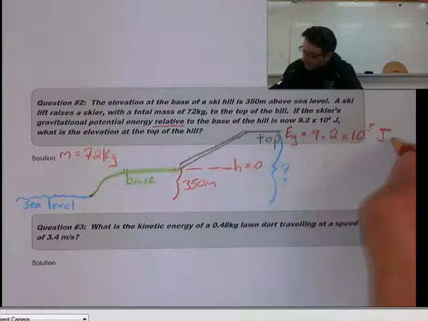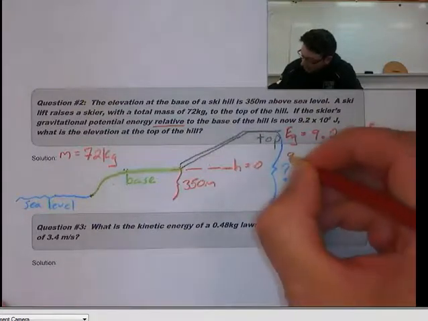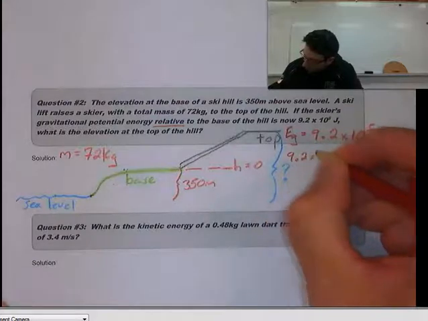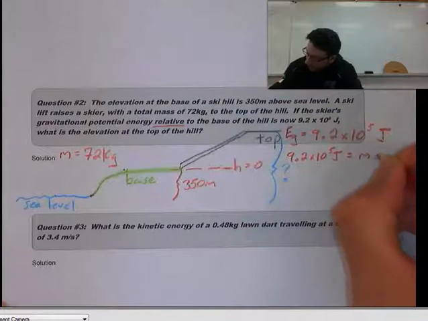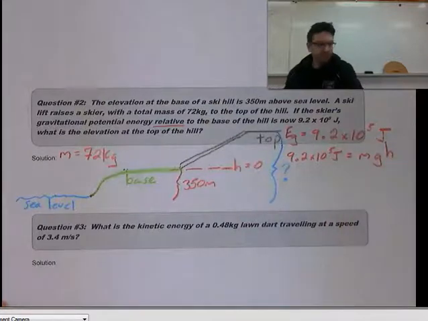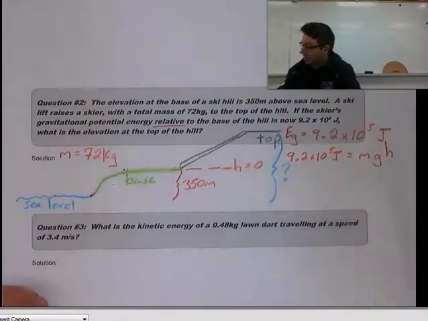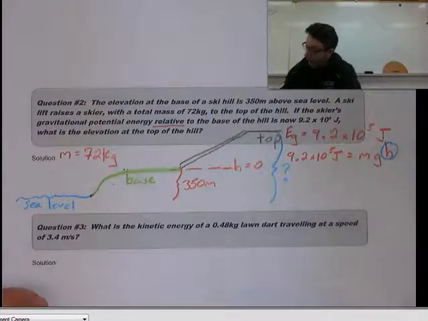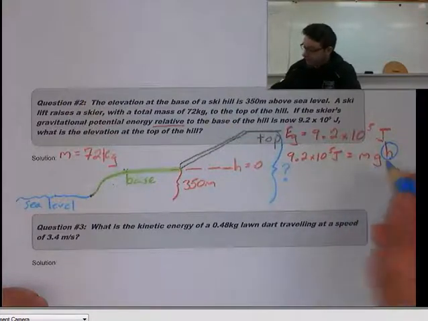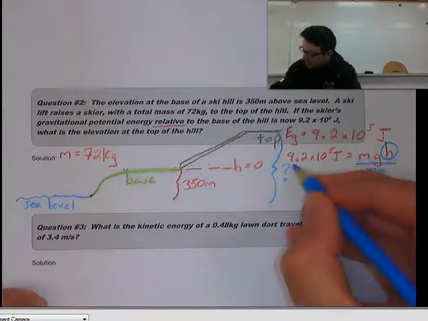So we have Eg, 9.2 times 10 to the 5 joules. That's going to equal mgh. But in this case, I'm not solving for Eg. I know Eg. I'm solving for h. This is what I want to know right here. So what I can do is divide both sides by mg in order to isolate for h.